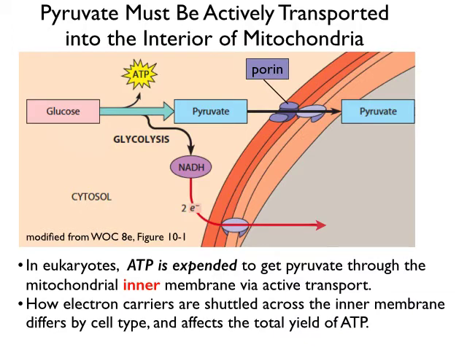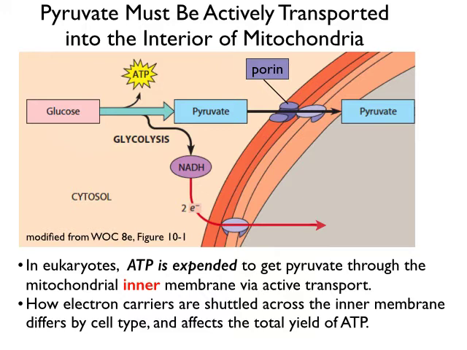The NADH that's produced during glycolysis actually can't go through the membrane either, and so there are different ways of shuttling the electrons that are carried by the reduced form of NAD plus, NADH, across both membranes to get them into the interior of the mitochondrion where they can participate in electron transport.